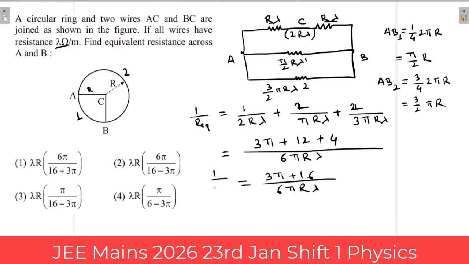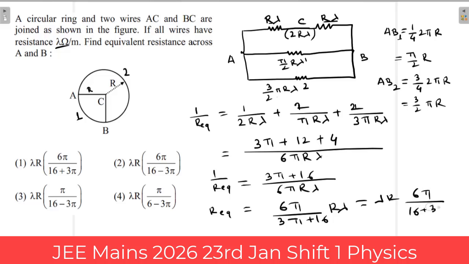So this is 1 by r equivalent. So r equivalent becomes 6 pi divided by 3 pi plus 16 times r lambda, or we can write it as lambda r times 6 pi divided by 16 plus 3 pi. So here option 1 is the correct answer.